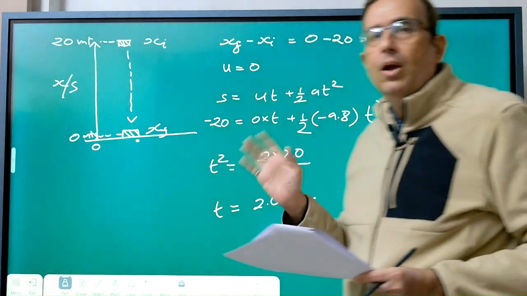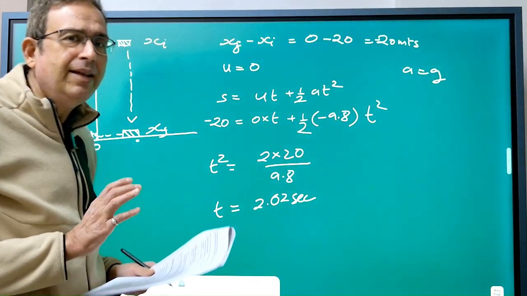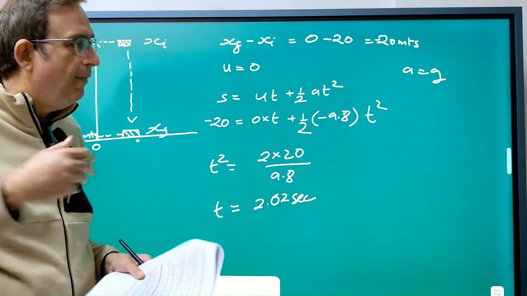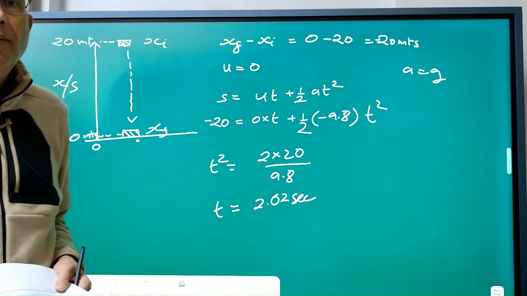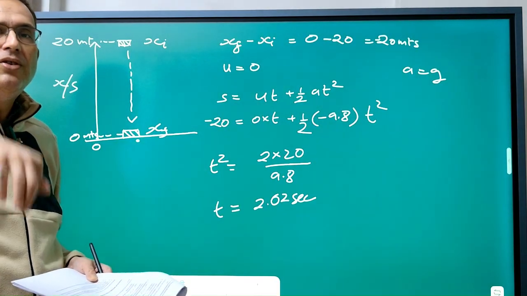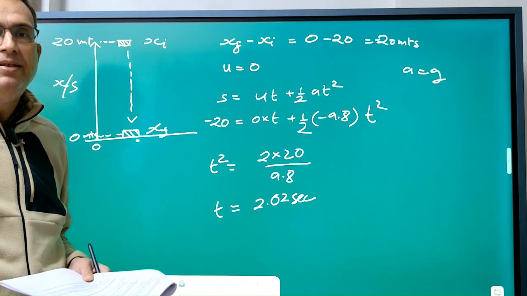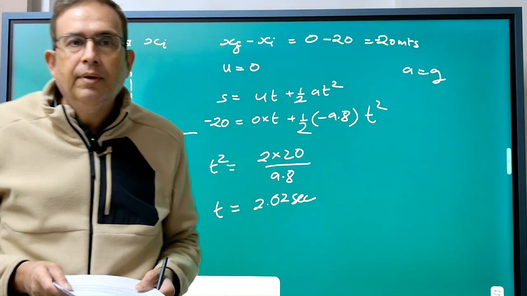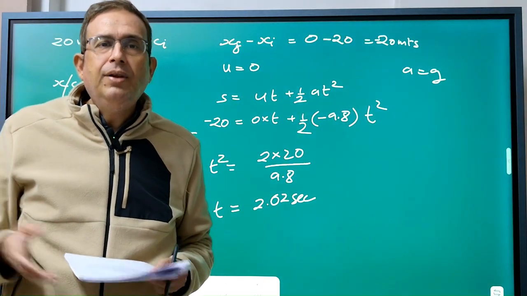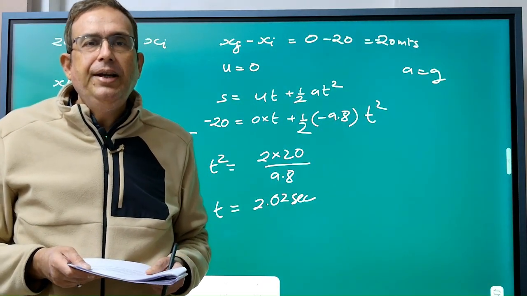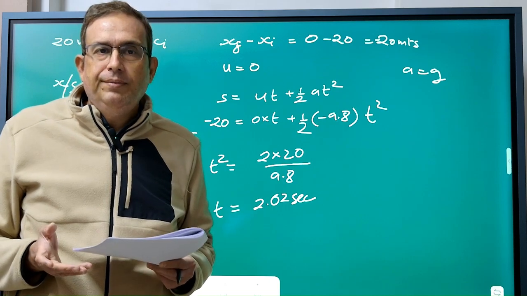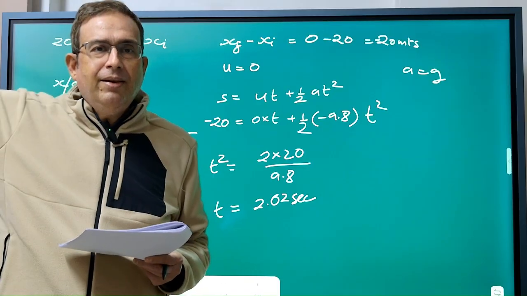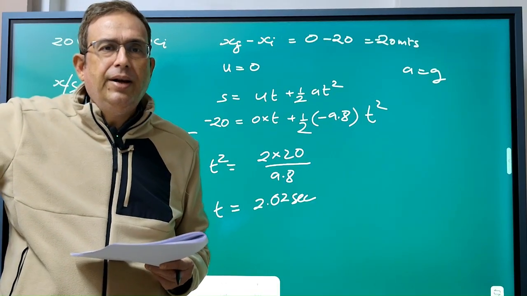So this is what we have done using the sign convention where up is positive and down is negative. Now we will repeat the same problem with the sign convention in which down is positive and up is negative. In that case, the sign of the acceleration due to gravity is positive, because down is positive, and acceleration due to gravity is also in the downward direction.